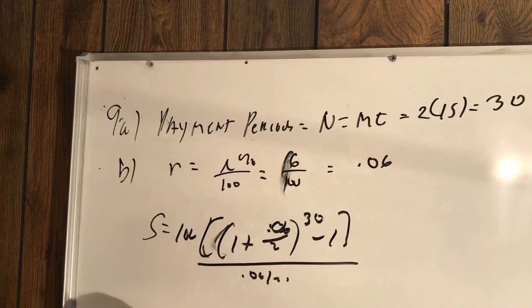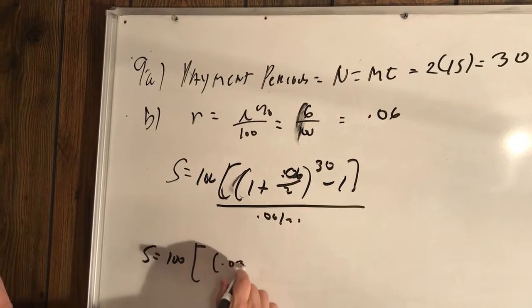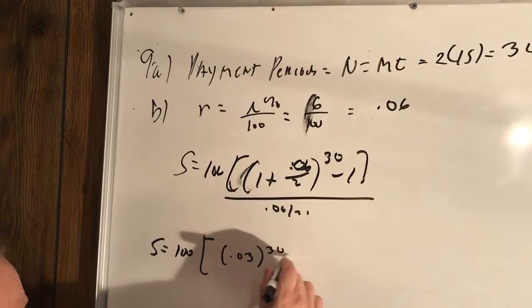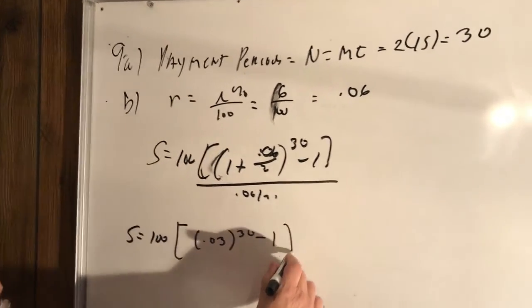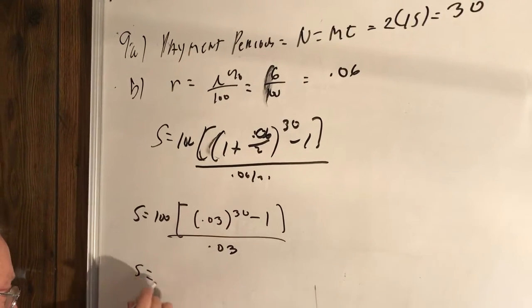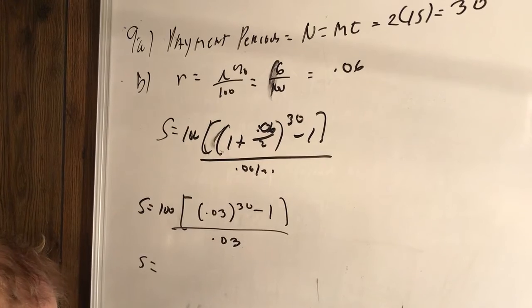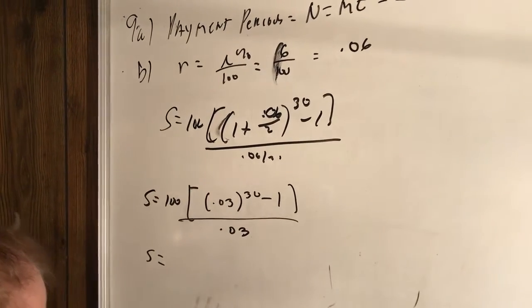So S is 100, 1.03 to the 30 minus 1 divided by 0.03. I'm not going to go through the gory details, but the answer comes out to be 3960.